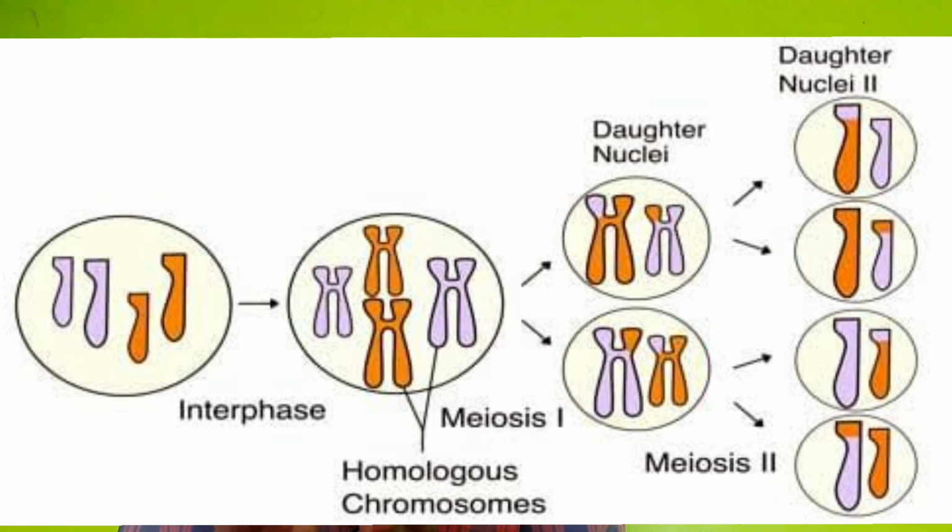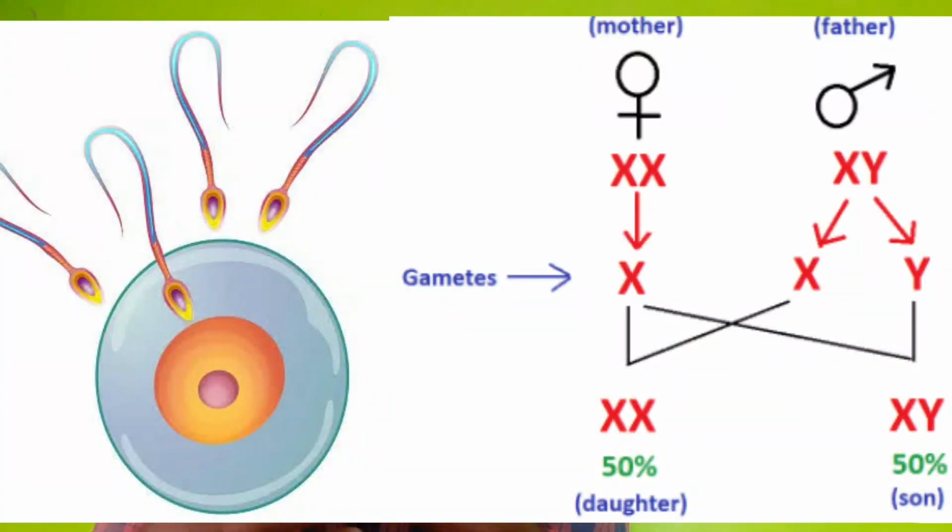Which of the male and female chromosomes combine depends purely on chance. Thus, a particular child receives only half of the ovum's chromosomes and half of the sperm's chromosomes on a pure and simple chance basis.